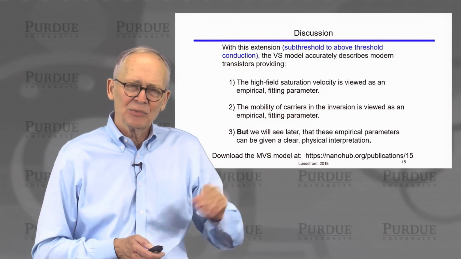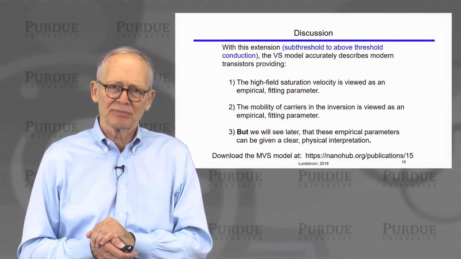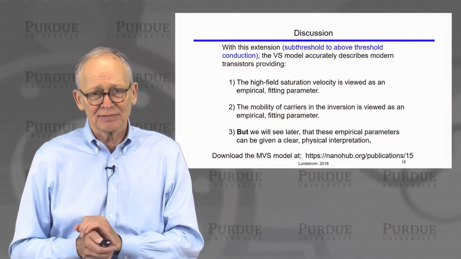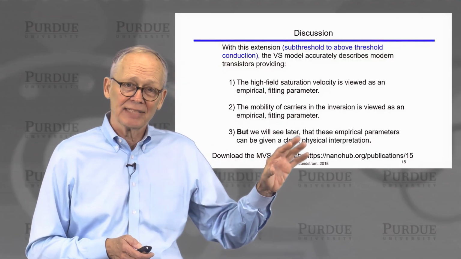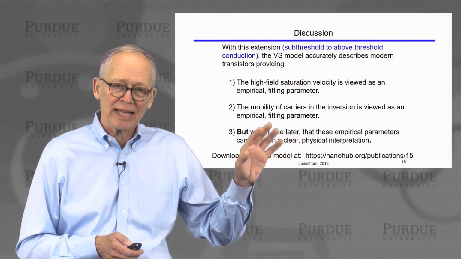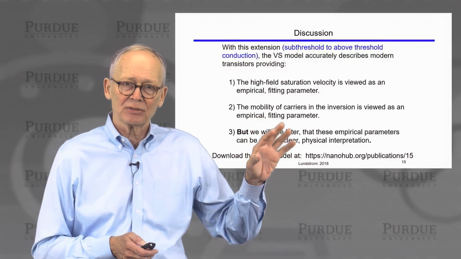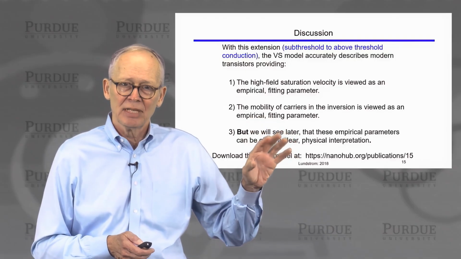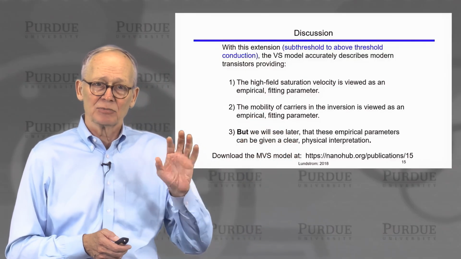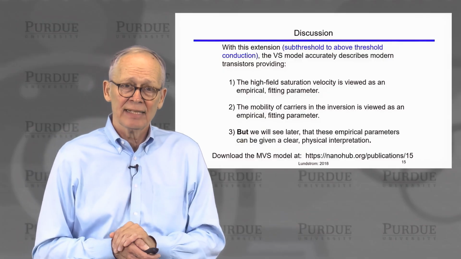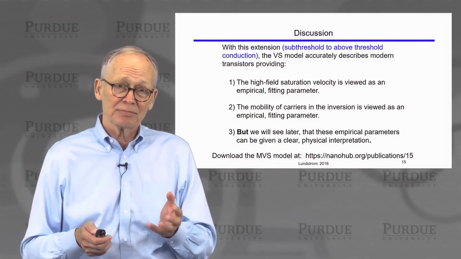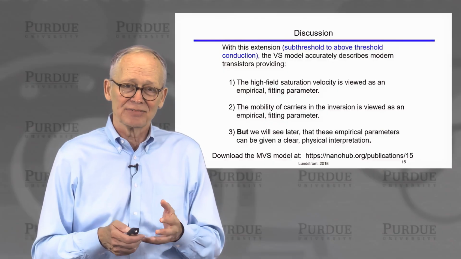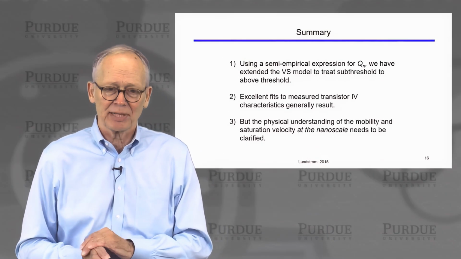And mobility we have to view as another empirical fitting factor that we adjust to fit the measured data. Okay, but we're going to see later in the next unit that we can actually attach physical significance to these parameters. We generalize the definition of mobility and saturation velocity in a way that they make physical sense at the nanoscale. And then, again, it returns the physical basis to the virtual source model.